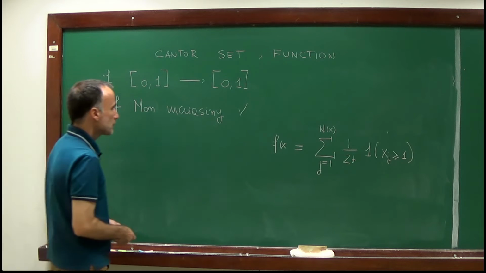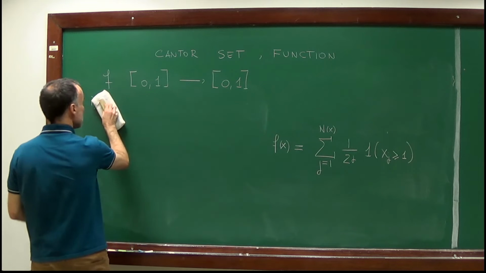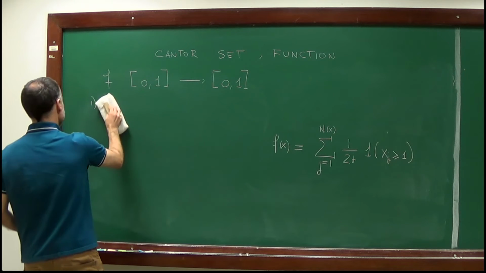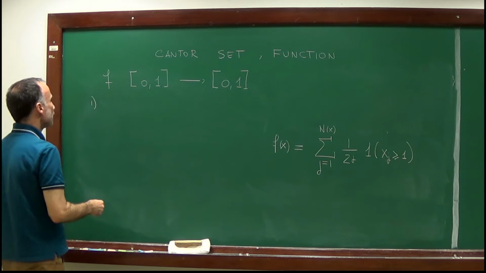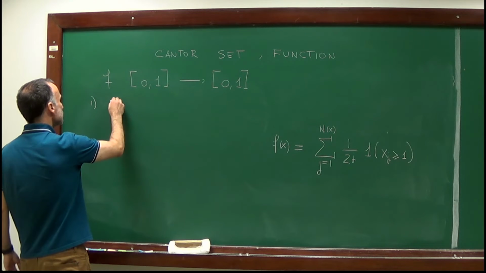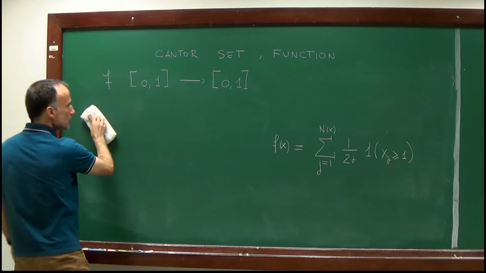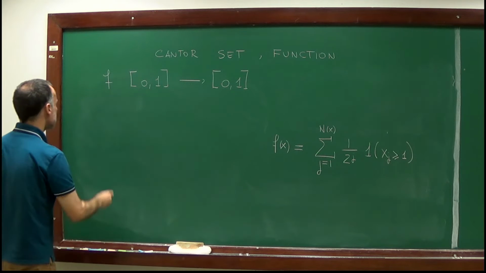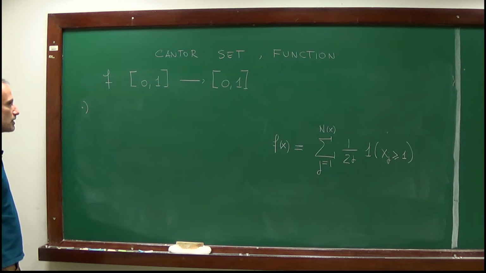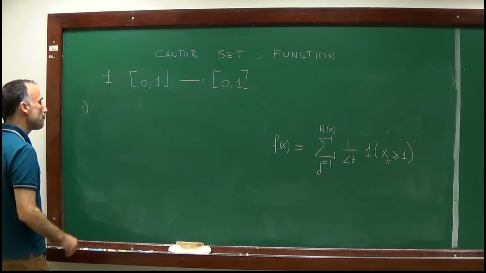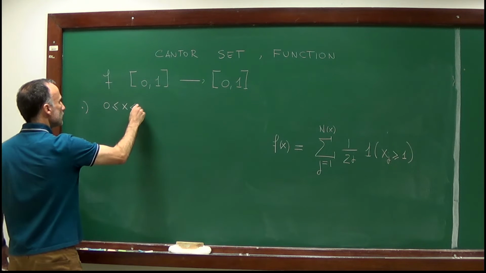And so now I would like to prove that f is continuous. And to prove that f is continuous, what we will prove is the following. So this is a first step in order to prove that f is continuous. Let's take a point x smaller than y.